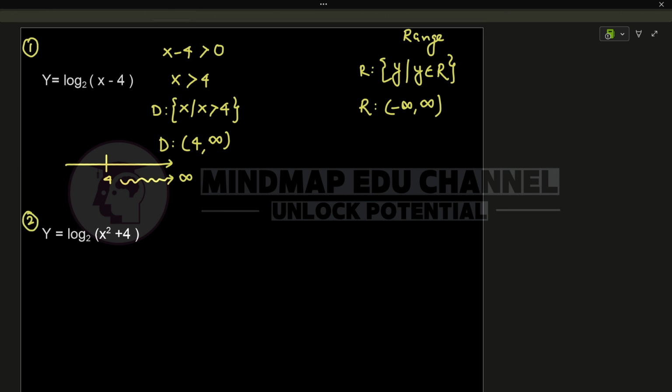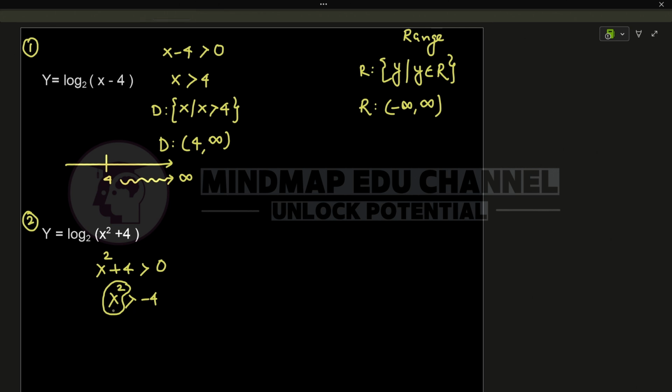Let's see the second function, that is y = log to the base 2 of (x square plus 4). Now x square plus 4 is greater than 0. Therefore, x square is greater than minus 4. Now check here, whatever value you give to x, it will always be positive.